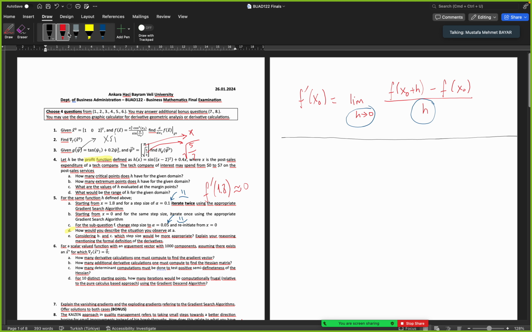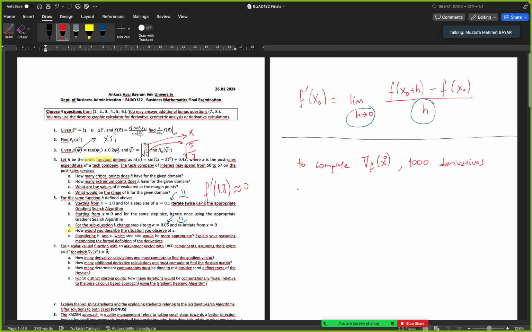Then, just to compute the gradient of f, you need 1000 derivatives. This is the first order information. One derivative for each element of the argument vector.